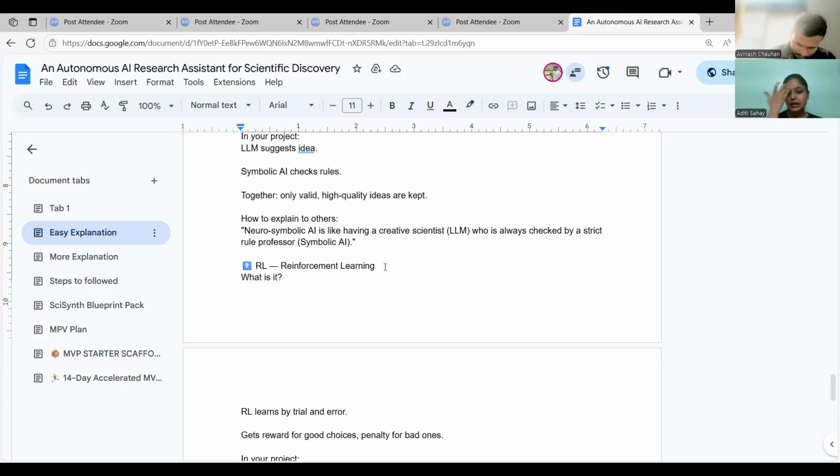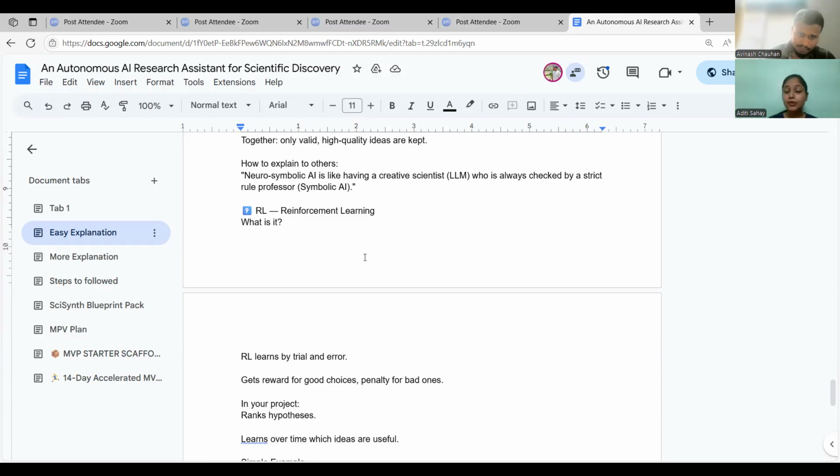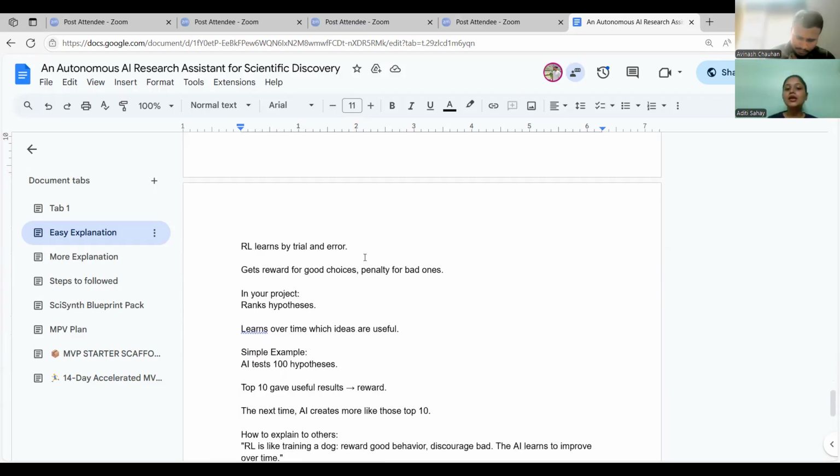It learns from data by trial and error. Whenever you have made a good prediction or a good choice, you'll be rewarded. Otherwise, you have to pay a penalty for bad choices.